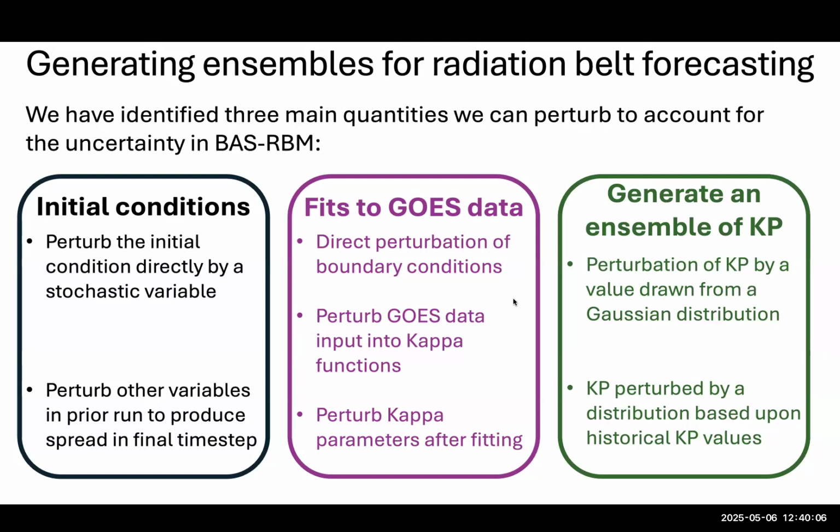And also, you're expecting it to fall quite a bit and not stick around 9. So a simple perturbation probably isn't the way to go. Or what we've done is perturb Kp based upon a distribution based upon historical Kp.